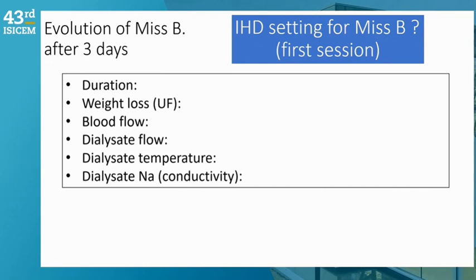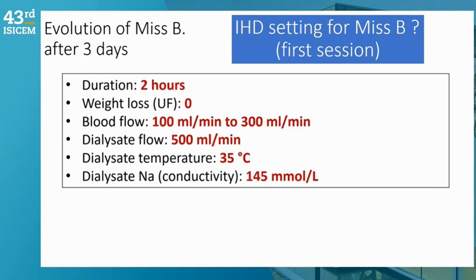And this risk exists, and it could lead to brain edema. It's possible. And in my clinical practice, and in many ICUs in France where we use intensive intermittent hemodialysis, we start with a 2-hour session to avoid this problem of disequilibrium in osmolality.